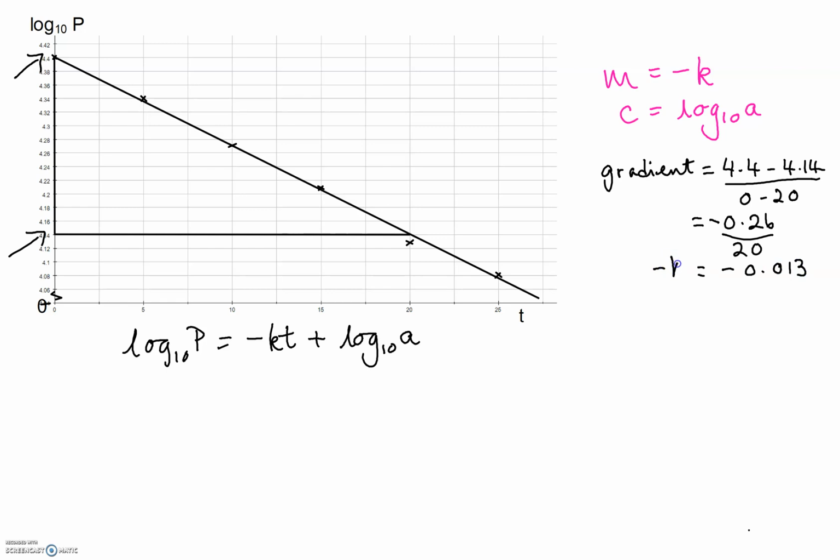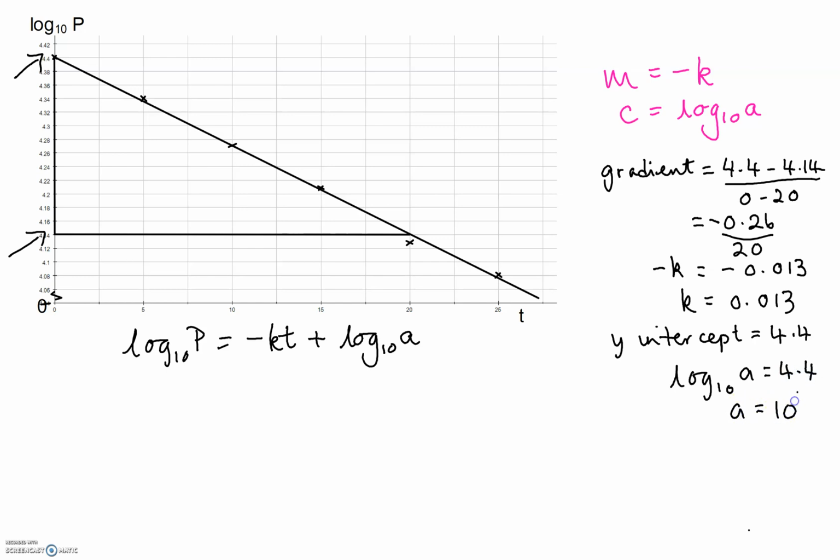This is equal to negative k, so k equals 0.013. The y-intercept is at 4.4, and so log to the base 10 of a equals 4.4, and so a equals 10 to the 4.4, and a equals 25,120 to 4 significant figures.